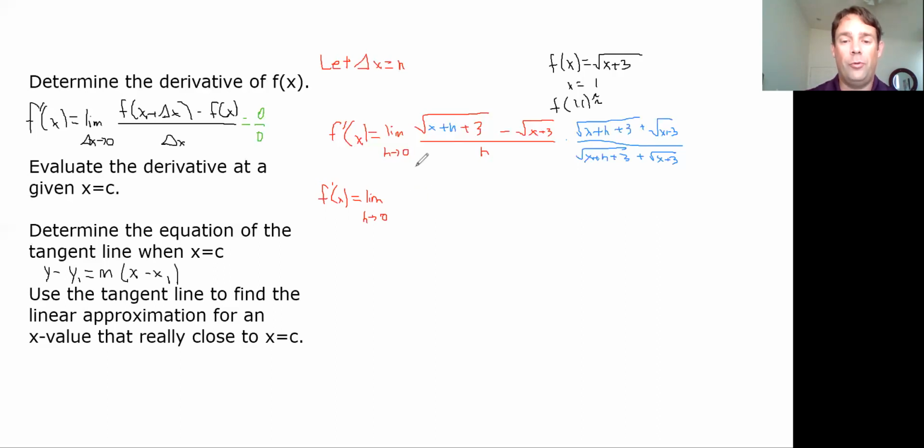And when I do my difference of squares, I end up with this square root canceling out.